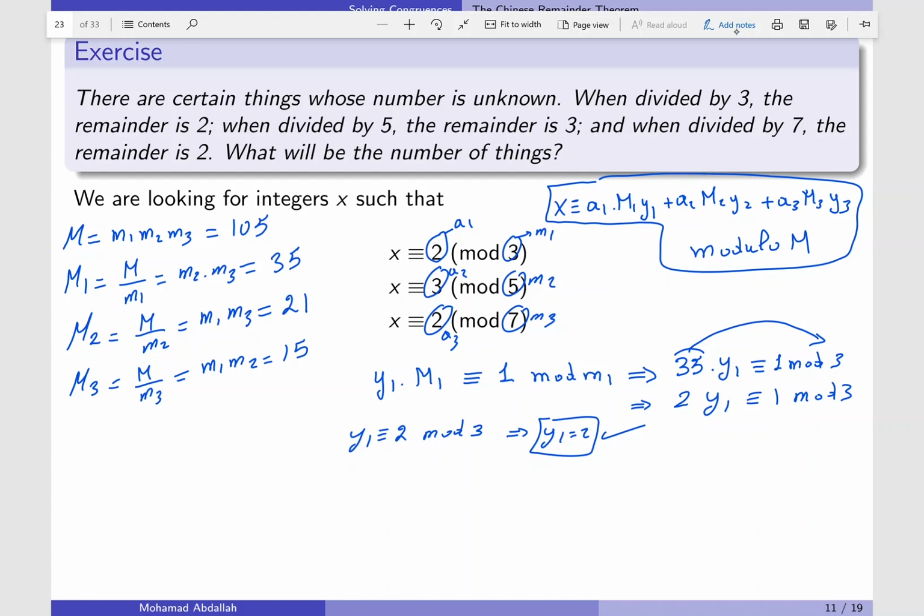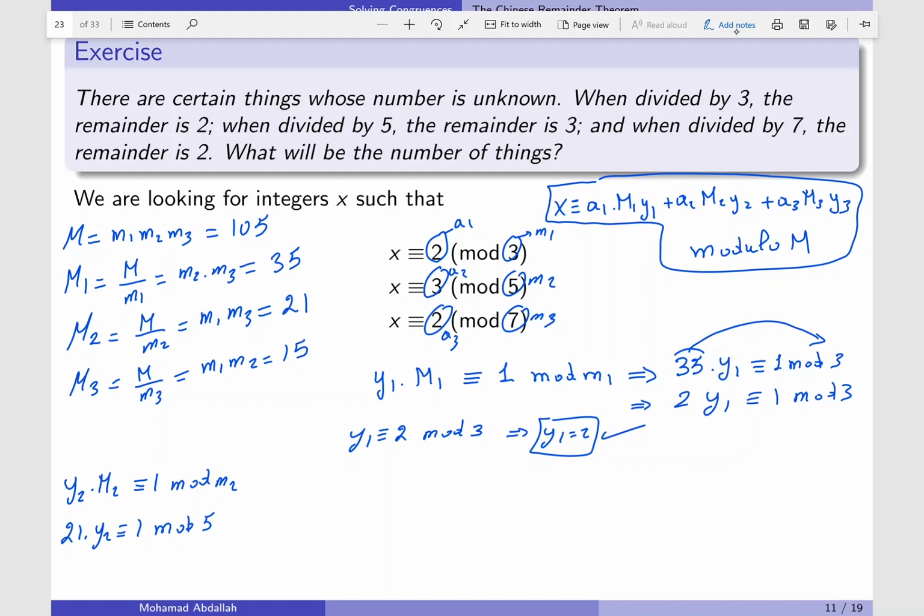So here I found this. In a similar way, now I do small y2 times capital M2 is congruent to 1 modulo small m2. I want to find this y2. So I know here this is 21 times y2 is congruent to 1 mod 5.